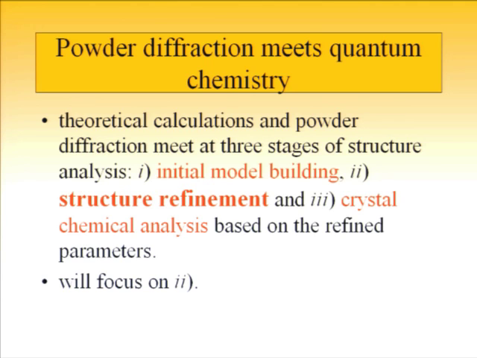It was mentioned here in Kenneth's talks from several aspects, so I'm not going to add a lot more. Second, this is what I call the structure refinement, and this is probably for me the most important part. And finally, crystal chemical analysis, which is in many structural papers omitted.